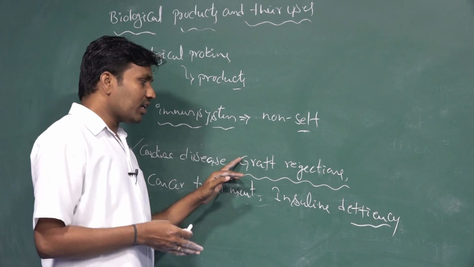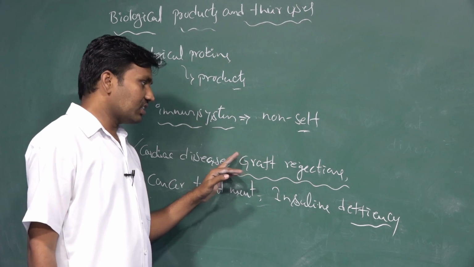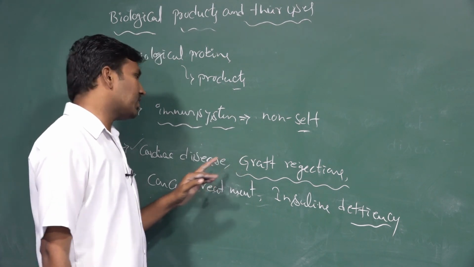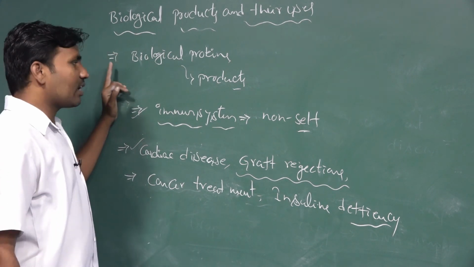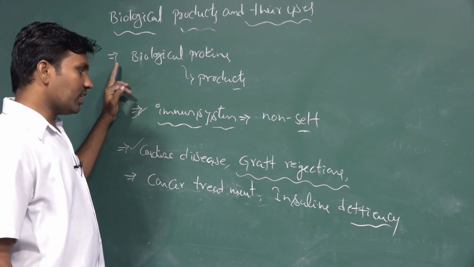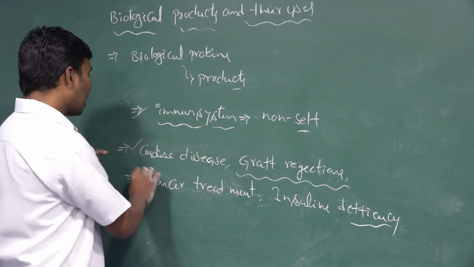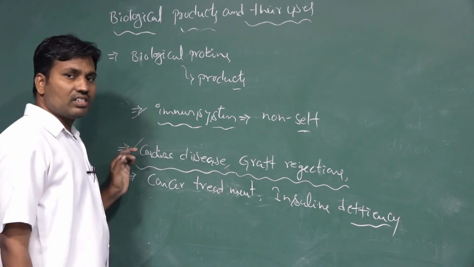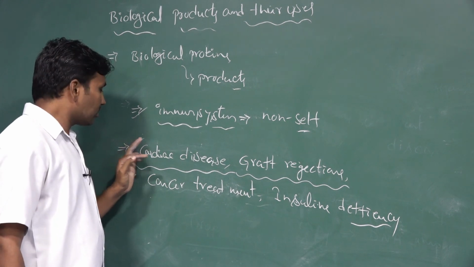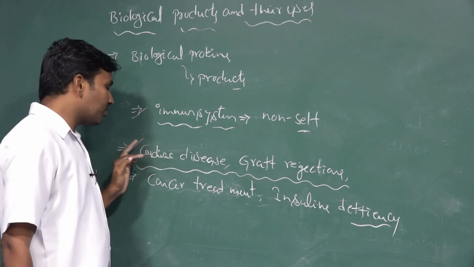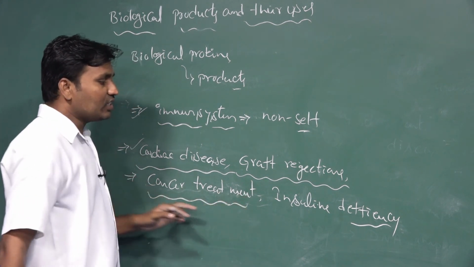To reduce these graft rejection reactions, to suppress the immune reactions, we use biological products, therapeutic proteins, and they reduce the graft rejection reaction. Or in cardiac diseases, some cardiac diseases involve the repairing of cardiac walls, and also cancer treatments or insulin deficiency.